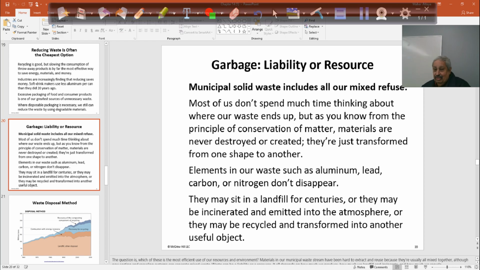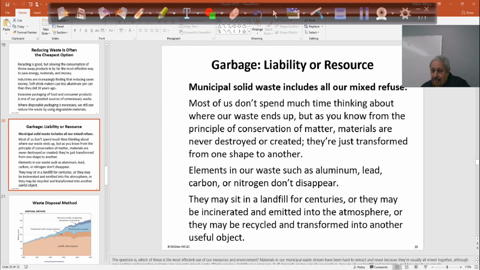And if you dump it in the ocean, it will just be dissolved in the ocean water. And as I said, matter is not created from nothing. Matter is always in a cycle, transferred from one form to the other form, in a cycle.